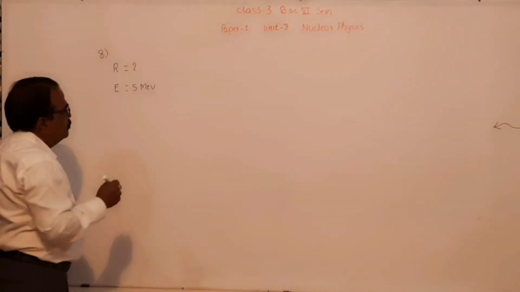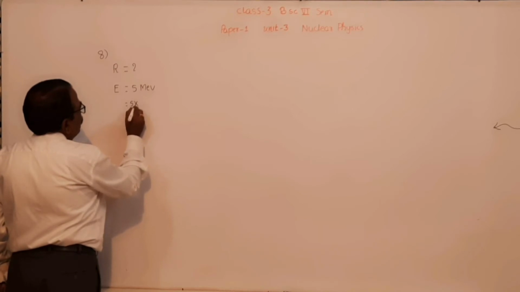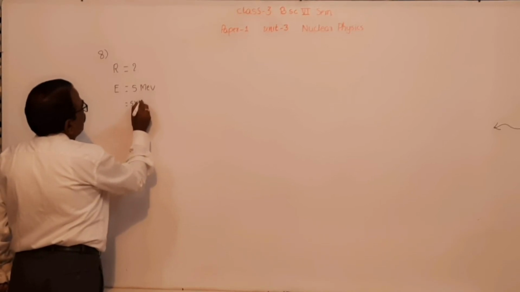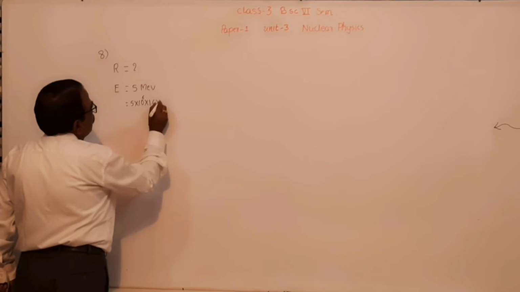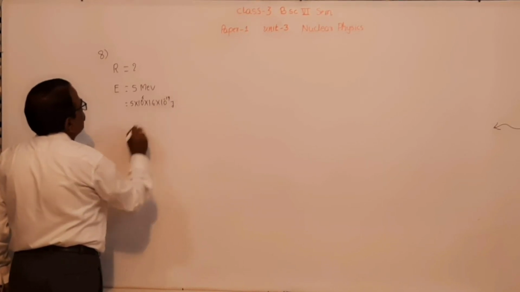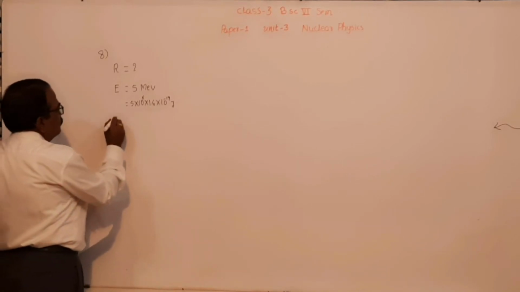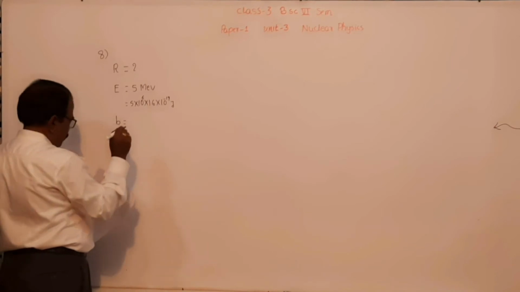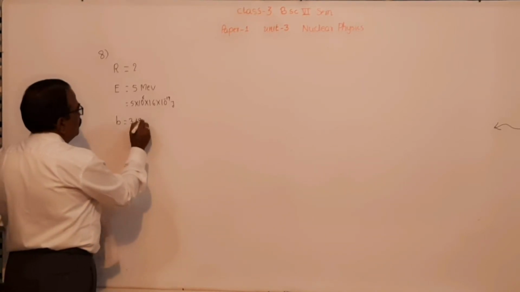You convert this into joules: it is 5 into 10 raised to 6 into 1.6 into 10 raised to minus 19 joules, and B is given as 3.18 into 10 raised to minus 3.